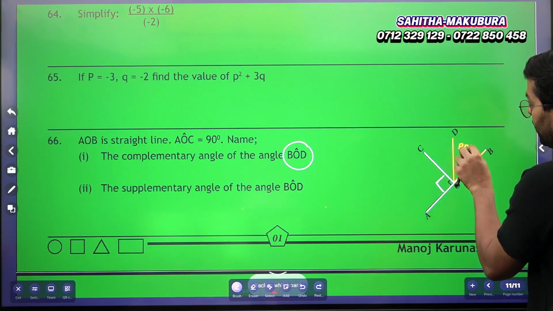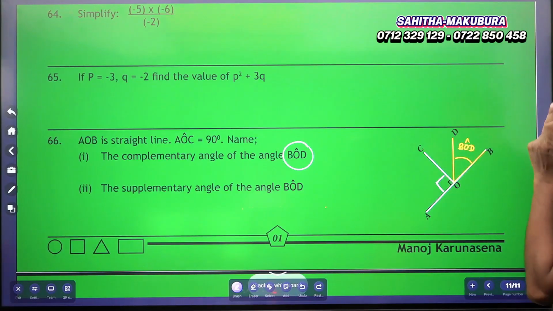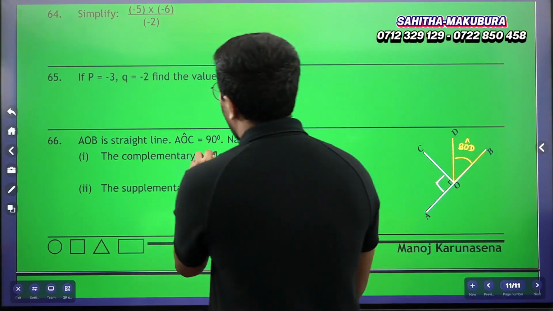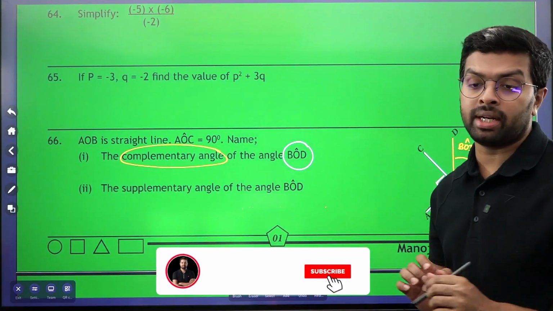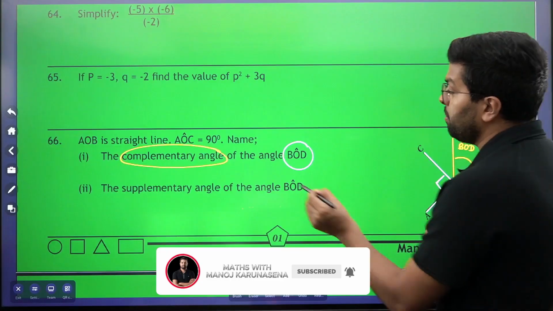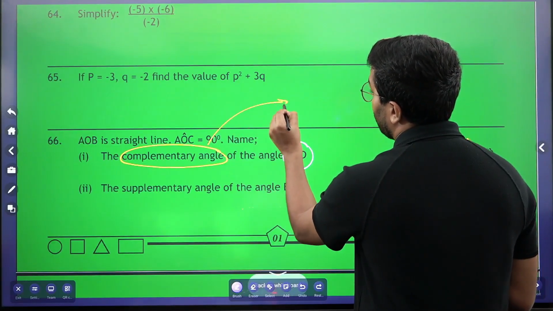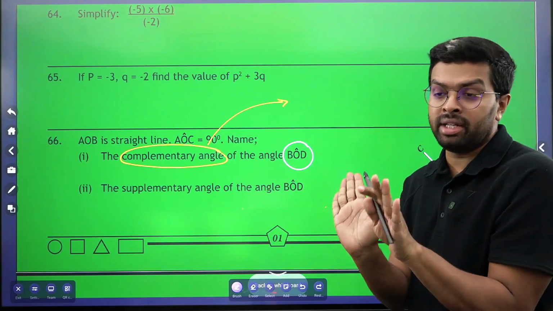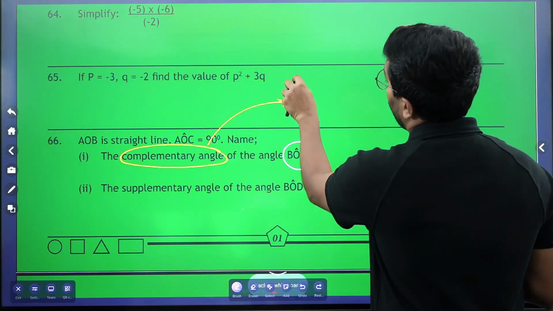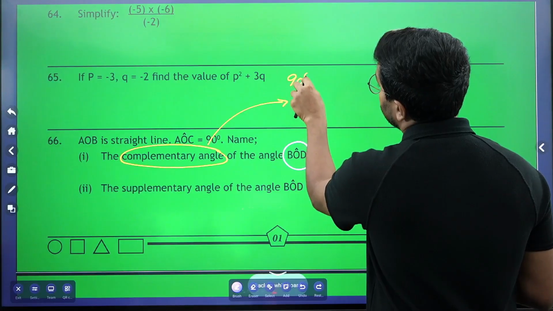So what are the things that we need to remember now? What does it mean by a pair of complementary angles? If the sum of two angles equals 90 degrees.